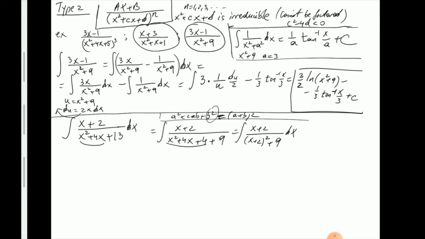And actually, let me make a quick modification to make it even more general, because this is too particular. Let's say on the top I have x plus 5, not plus 2, to make it even more general. Again, we won't deal with examples like this, but I just want to show you how the game works, basically.